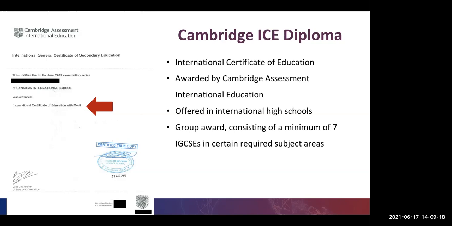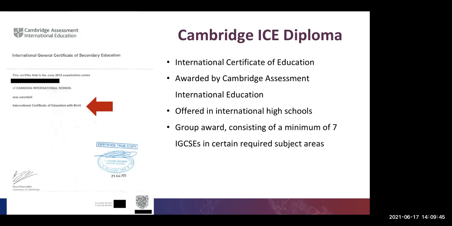The IGCSE is offered to international schools around the world. The ICE Diploma is awarded for a group of subjects, and these subjects can be grouped into 5 curriculum areas. Group 1 is languages, group 2 is humanities and social sciences, group 3 is sciences, group 4 is math, group 5 is creative and professional.